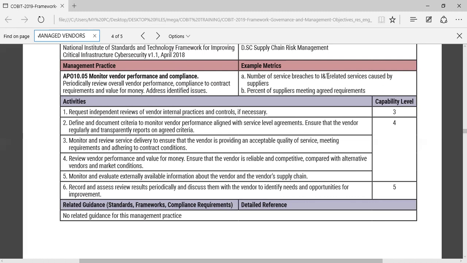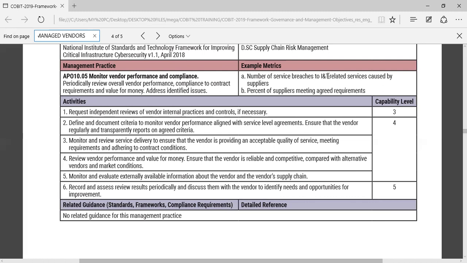Number 5, monitor and evaluate externally available information about the vendor and the vendor's supply chain. Yeah, so it's not just the vendor alone. You need to look at the supply chain of who is supplying the vendor, right? Is there a political issue that can affect the vendor's ability to perform? What about the currency exchange in the country where the vendor is domiciled? Forex fluctuations, social unrest.